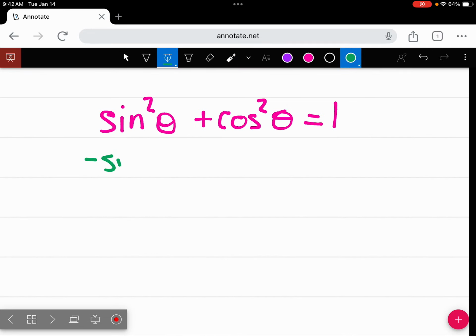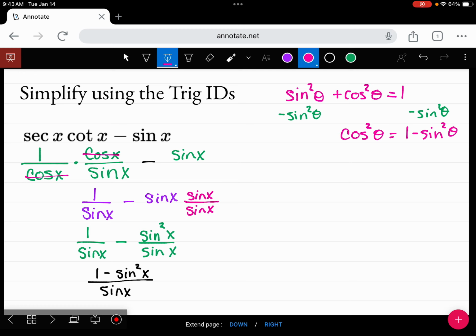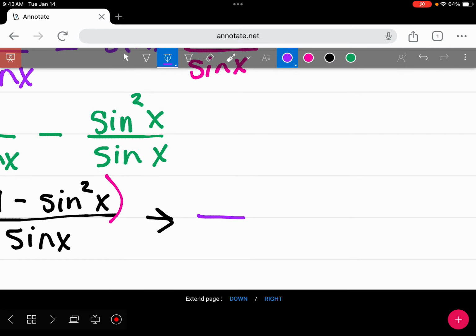If I subtract our sine squared here from both sides, we can rewrite this as our cosine squared is the same thing as 1 minus sine squared, right? So I can rewrite 1 minus sine squared as cosine squared. This is the same thing as having cosine squared x, excuse me, we're on x in this problem, over sine of x.